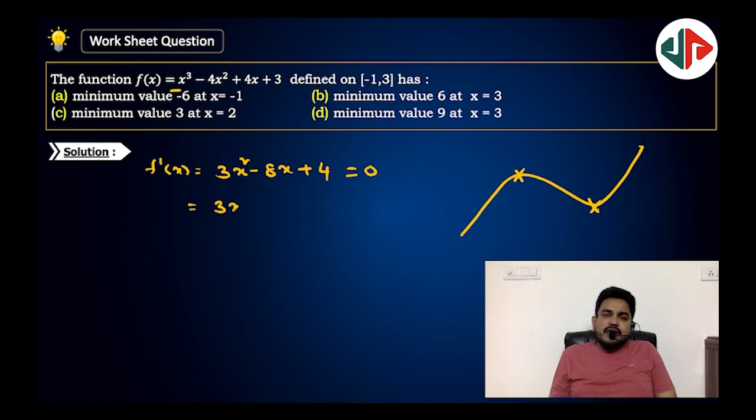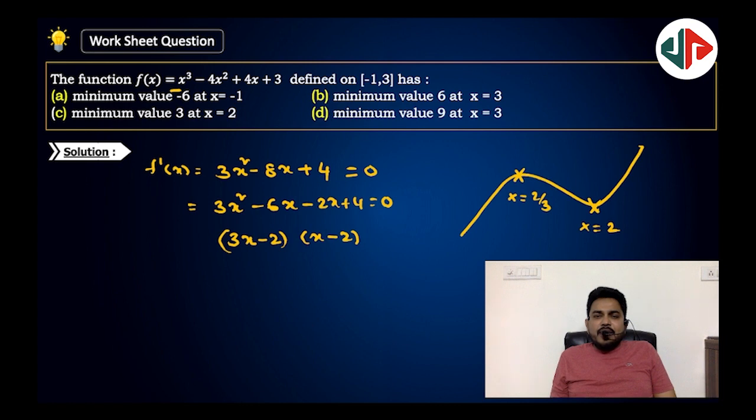So 3x square minus 6x minus 2x plus 4 should be equal to 0. So here if I take 3x minus 2 common, it will be x minus 2. So this value will be x is equal to 2 by 3 and x is equal to 2.